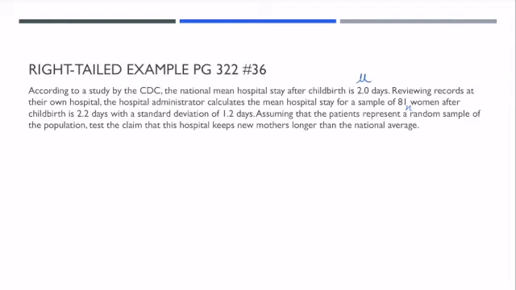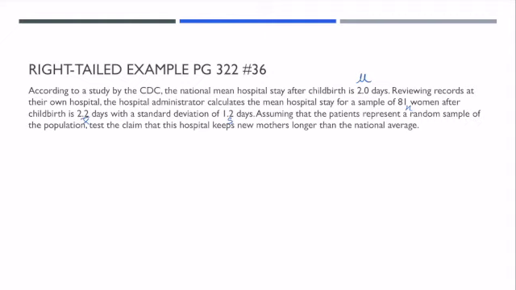That's our sample size, after childbirth is 2.2 days, so our sample mean, with a standard deviation of 1.2 days. Assuming that the patients represent a random sample of the population, I want to test the claim that this hospital keeps new mothers longer than the average.